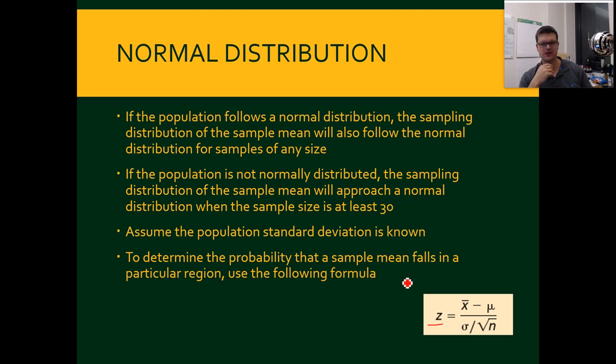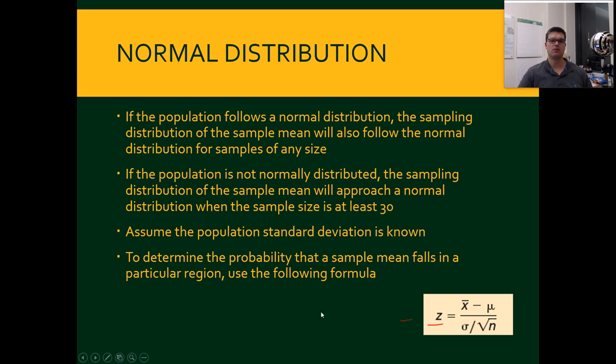So we've got the z-score down here, and then is this a population parameter, or is this a statistic of a sample? x bar is the statistic of the sample. Mu is the population mean, and sigma is the standard deviation of the population, divided by the square root of the number in the sample.